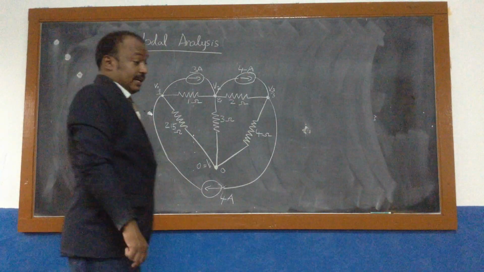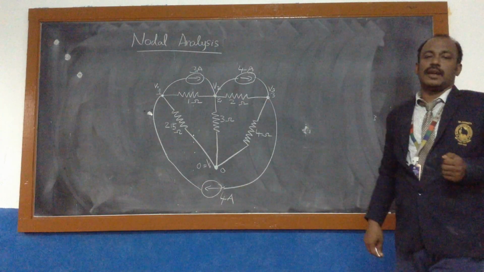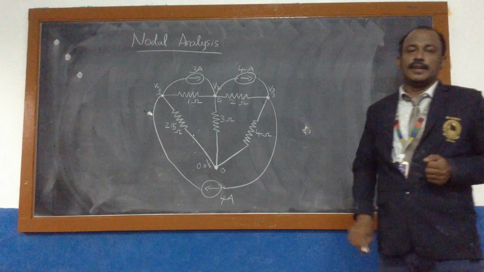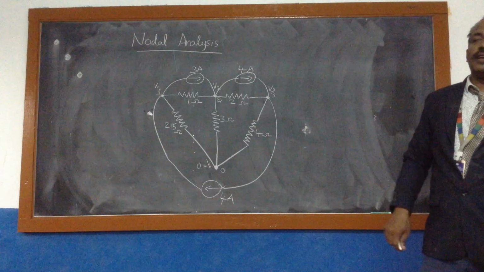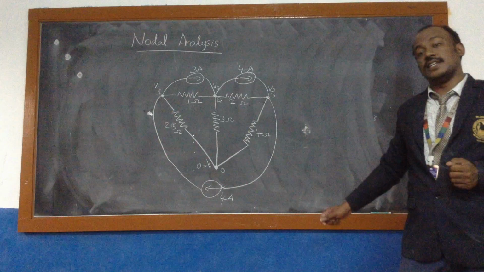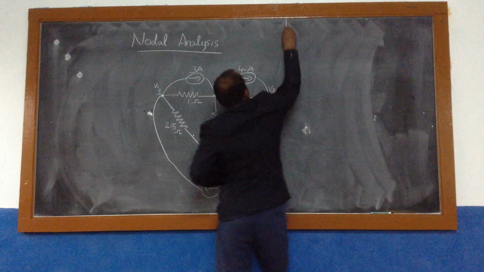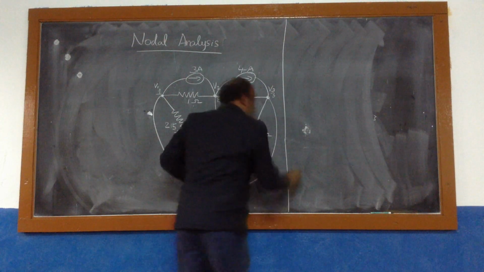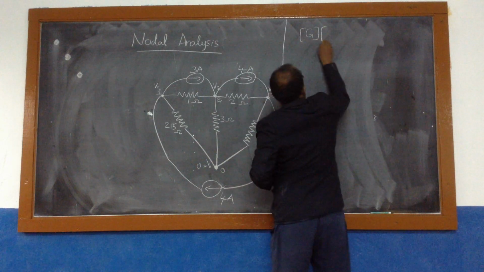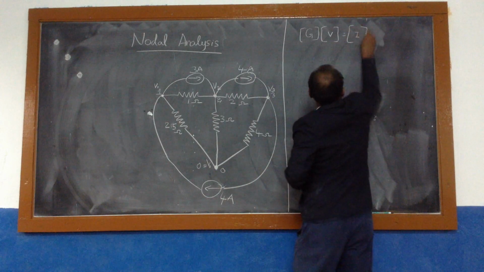Yes, as I already said when starting this class, this is the dual of the mesh current method. There it is current in the mesh, here it is voltage. There it is resistance, here it is conductance. There it is voltage, here it is current. So accordingly, we can write the base equation for the method as G matrix multiplied by the voltage matrix is equal to the current matrix.